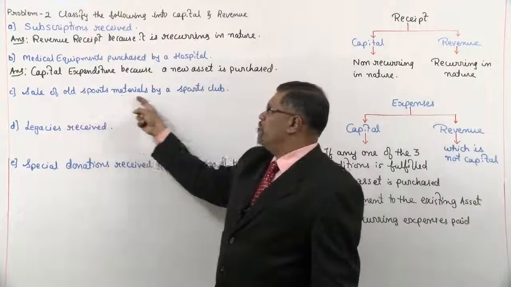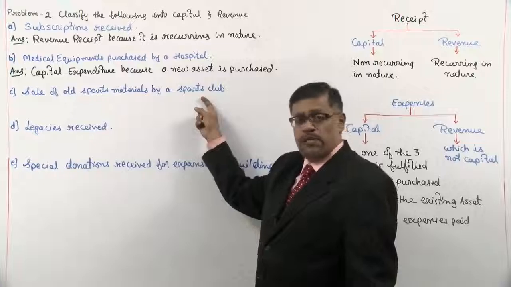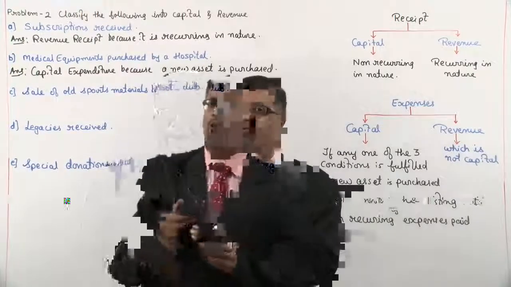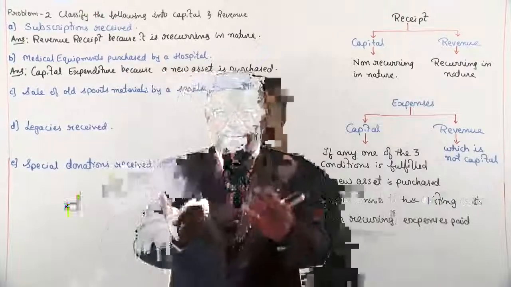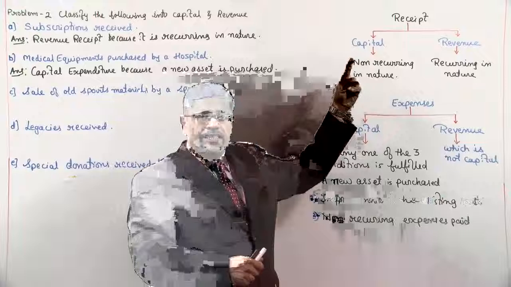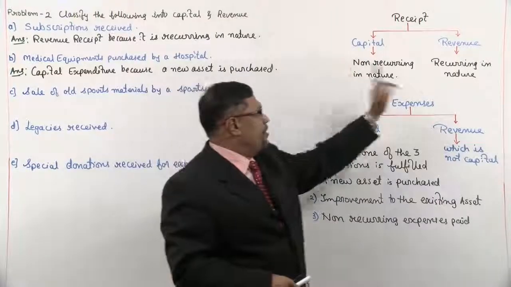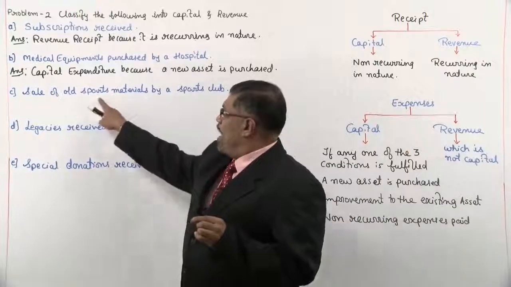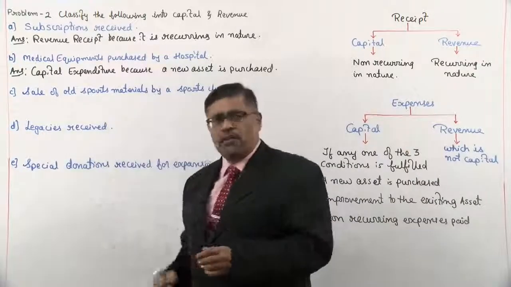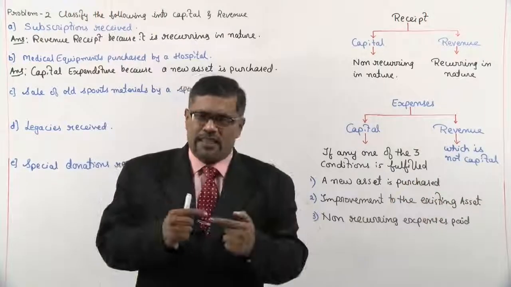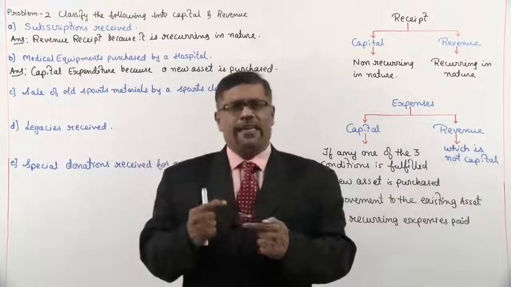Sale of old sports material by a sports club. Sports club is selling sports material. When they sell it, they are going to earn income. So that's going to be a receipt. The only question is, is it recurring or non-recurring? As the sports material gets old, they sell it at a lesser price. This thing continues again and again.